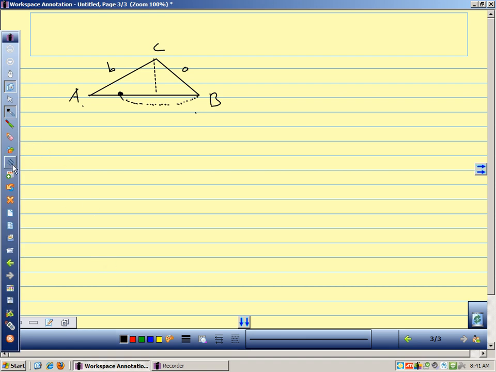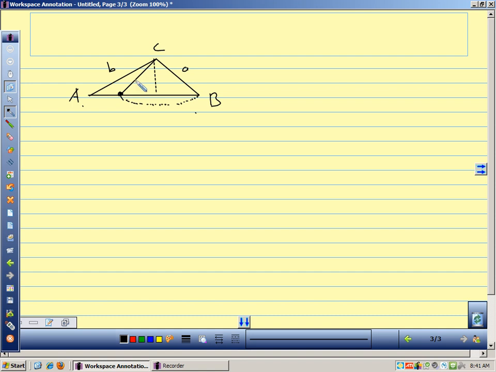So I could have a different triangle with the same two sides and the same angle, but my other triangle could look like this.